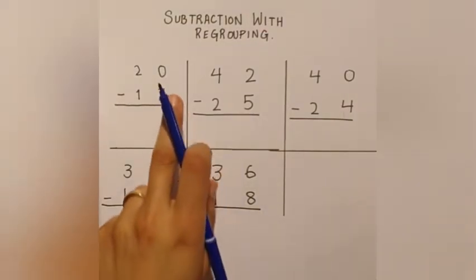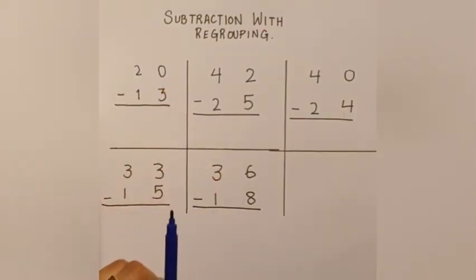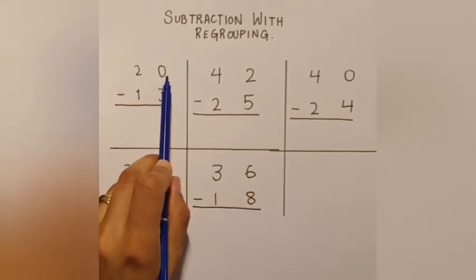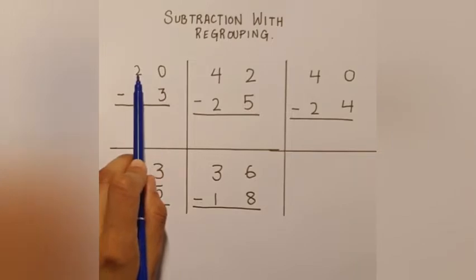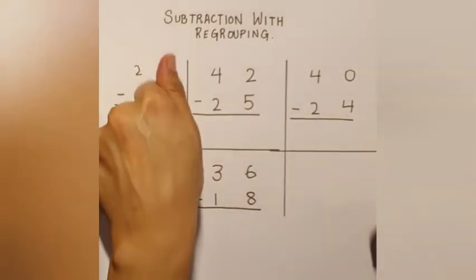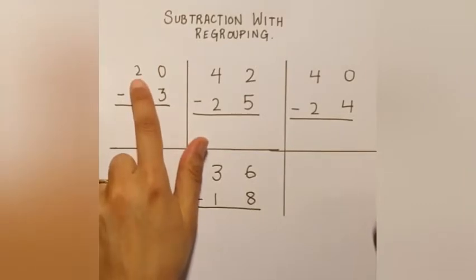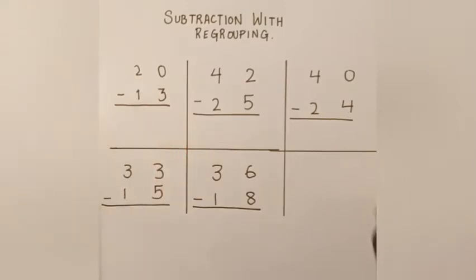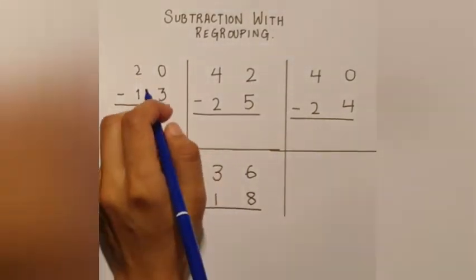Now, what I'm going to do is, the 0 is going to go to its neighbor, the 2, and it's going to knock knock. Please 2, I want to borrow 1/10 from you. The 2 will say, sure, you can have one of my 10s.